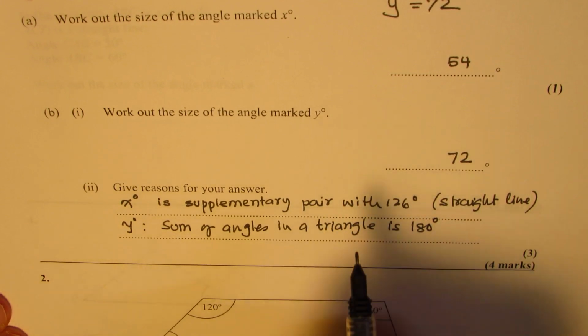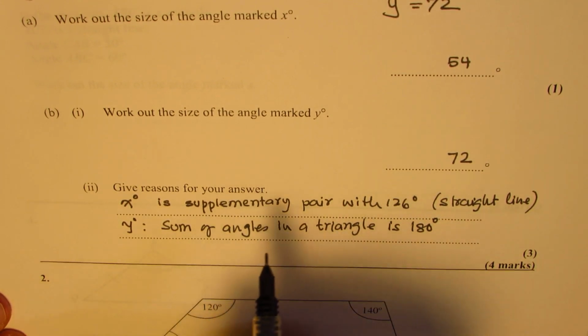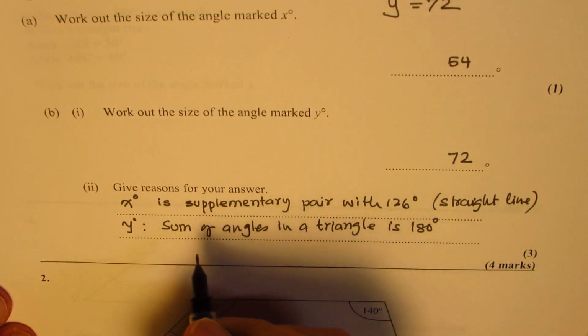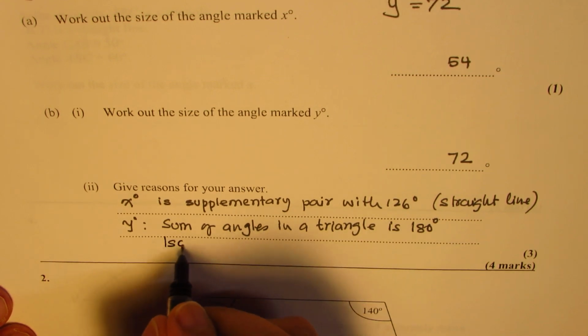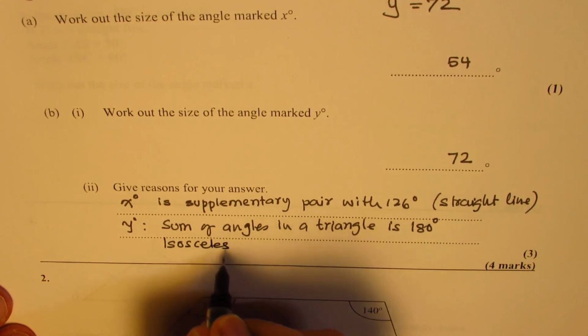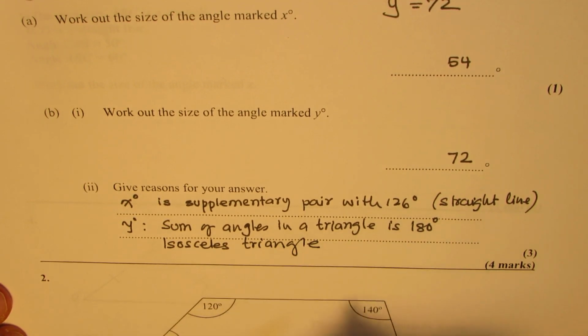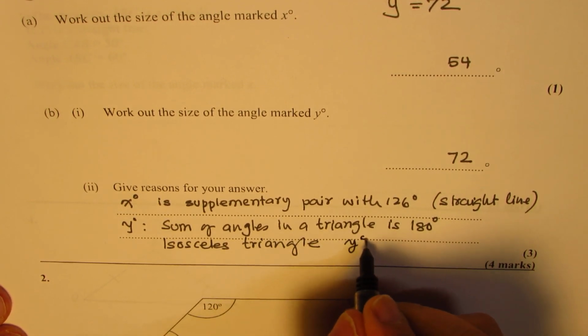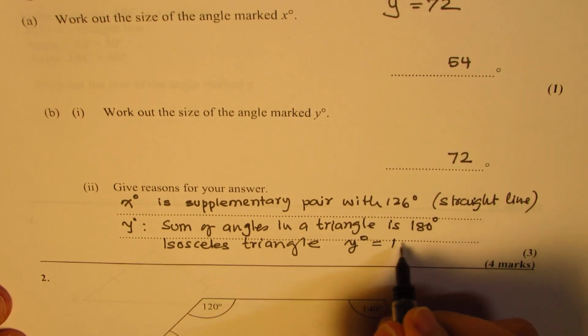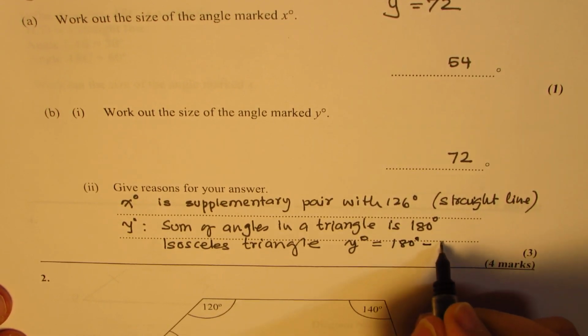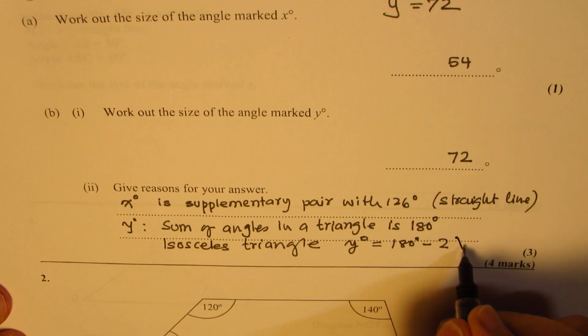We also utilized that the triangle is an isosceles triangle. So we could write y as equal to 180 degrees minus 2 times x.